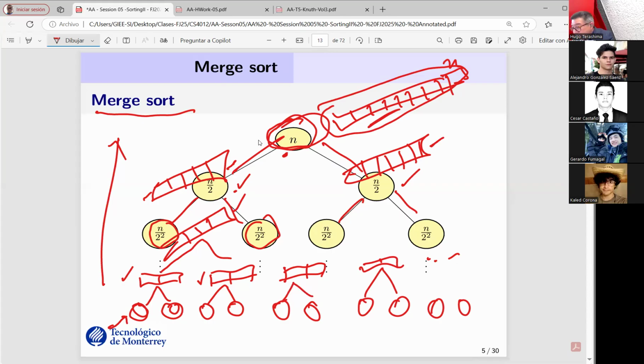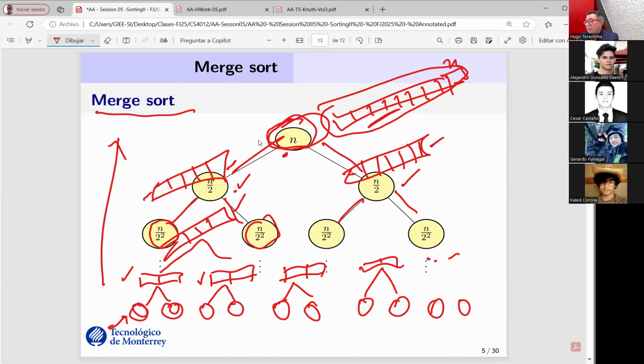This is a regular divide and conquer. If it is divide and conquer, what do you expect to get? In order to say the complexity of the merge sort, what would you do? I would go to n equals 1.